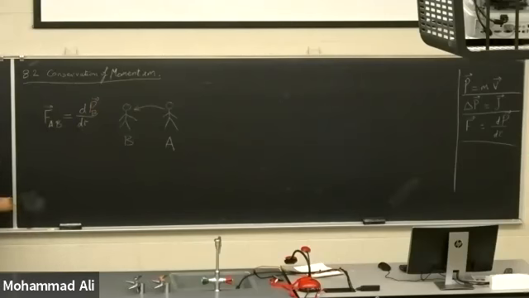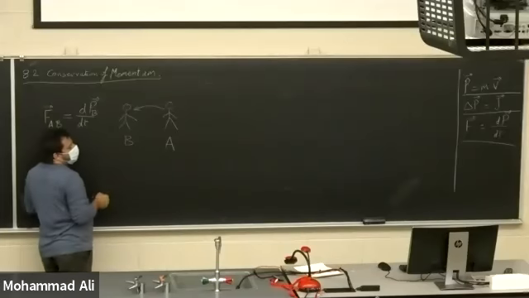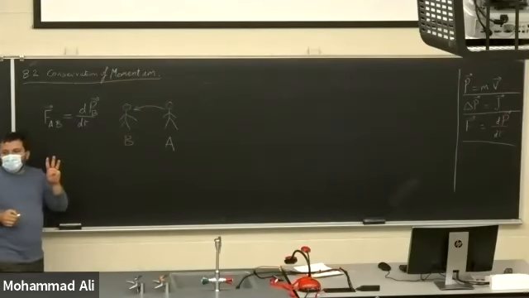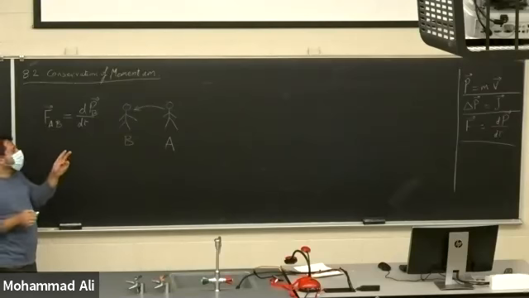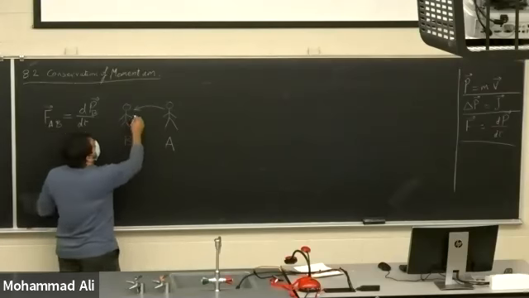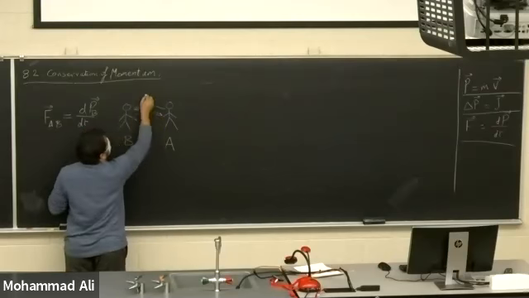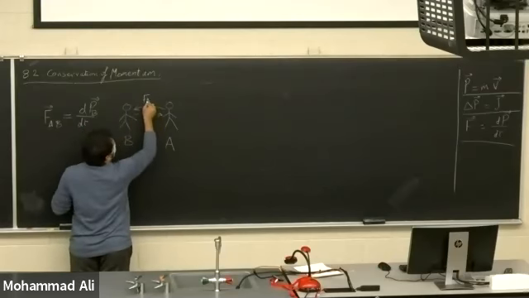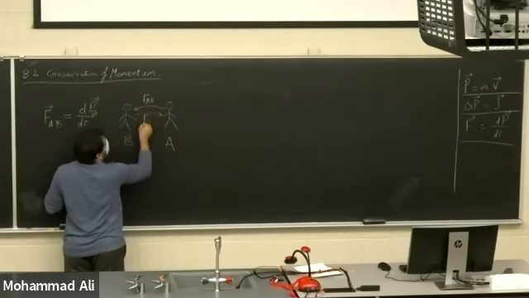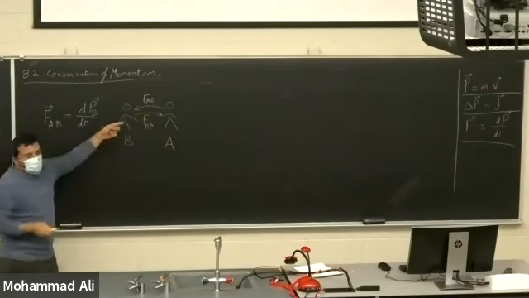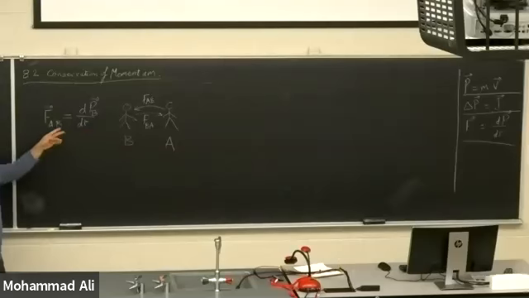If we have another force, as Newton's third law tells us, we have another force, action and reaction. This is F from A on B, and we have another force from B on A, which is the same force but with a negative sign because of the opposite direction.